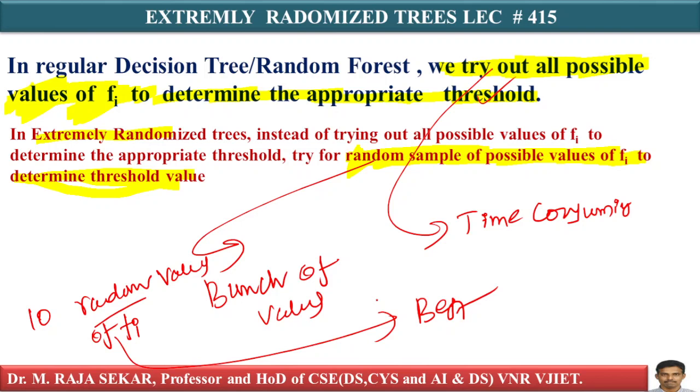What happens in extremely randomized trees?